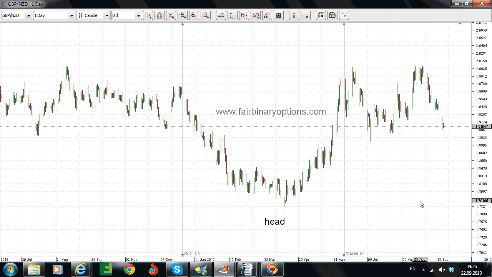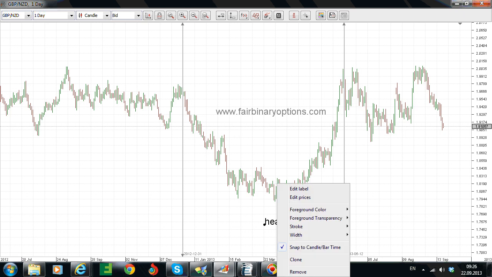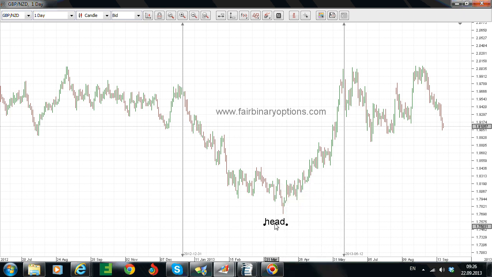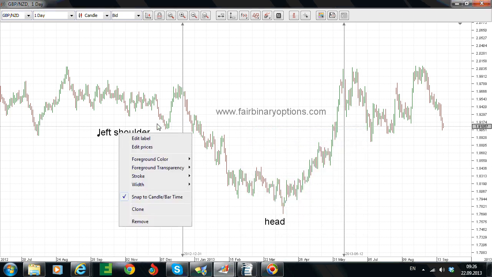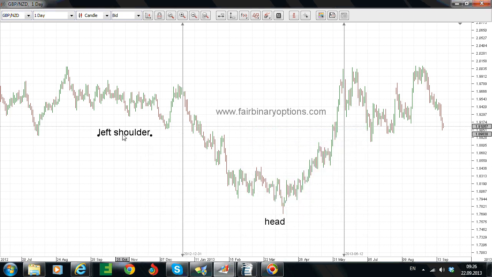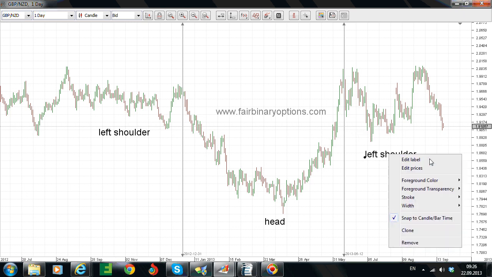Now we do have a left shoulder and a right shoulder all the time, and the left shoulder normally is this one, of course, on the left side. So left shoulder, and of course the right shoulder is on the right side, right shoulder.